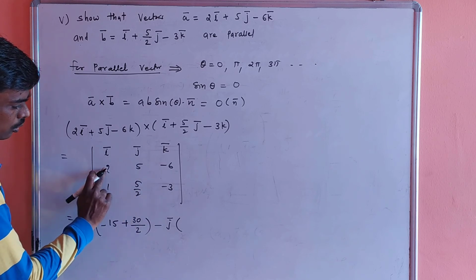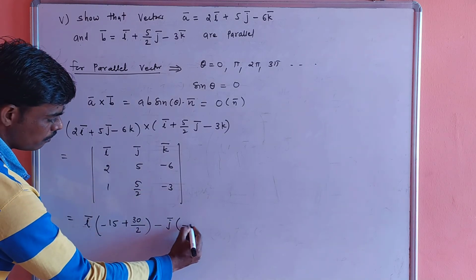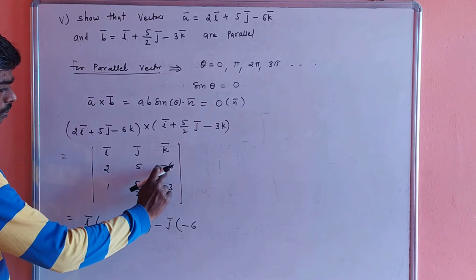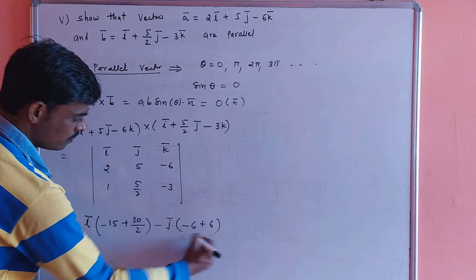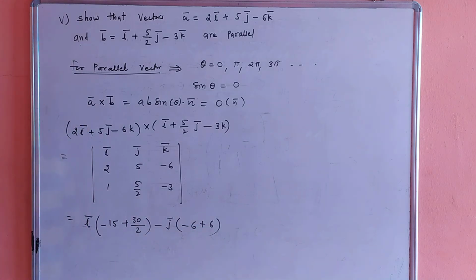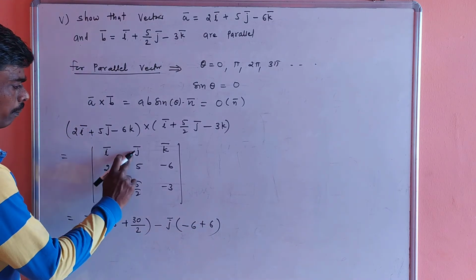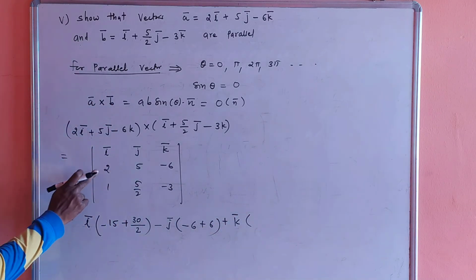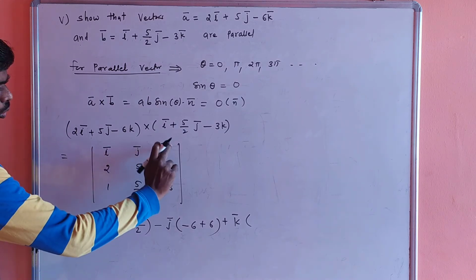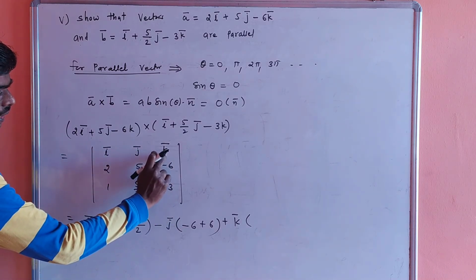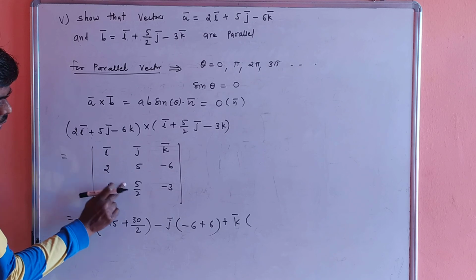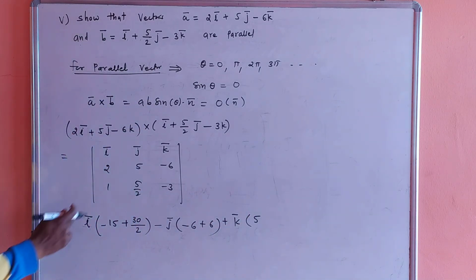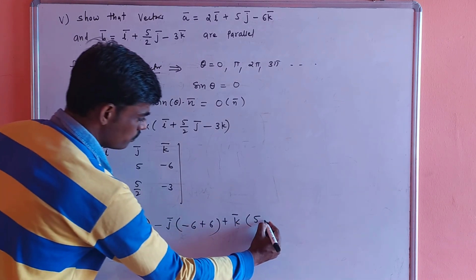Cross multiply: 2 into minus 3 is minus 6. Then 1 into minus 6, minus minus is plus, so plus 6 here. Then again plus, minus, plus, plus k. Eliminate the row and column for this element k and multiply 2 into 5 by 2, that is 5. Then 1 into 5, 5, minus 5.